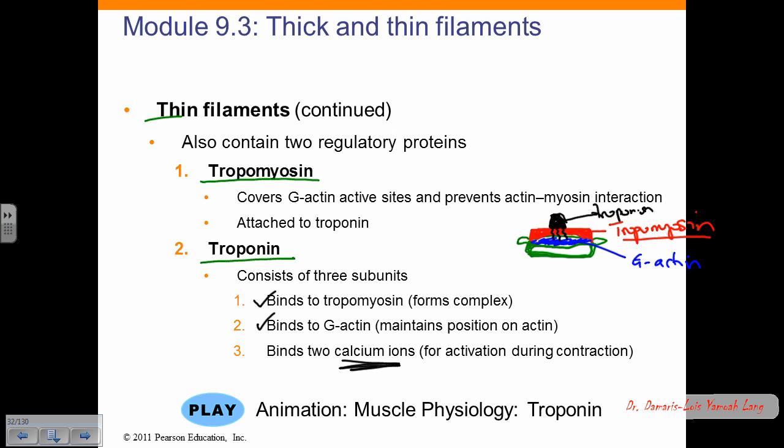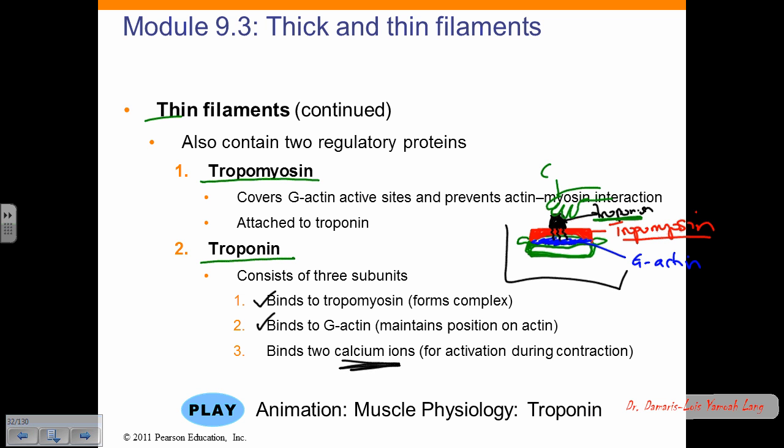So, picture my fingers as calcium. Okay, so this is a pan, right? So I use my fingers to hold the troponin.